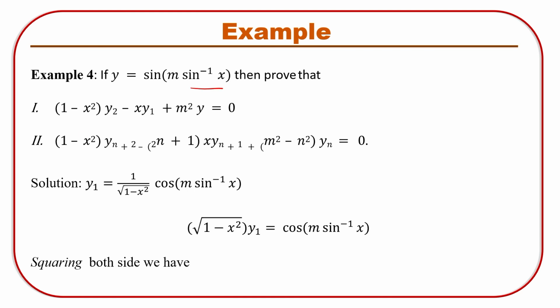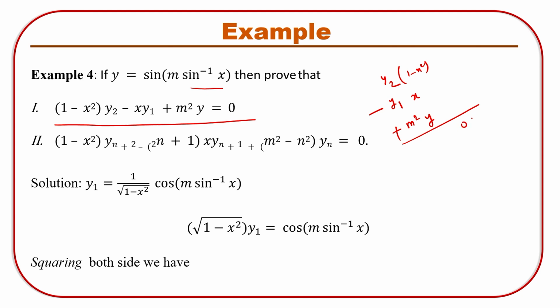Then prove that (1 minus x square) y2 minus x y1 plus m square y equals 0. There are two problems here. Firstly, there is an expression containing x and the higher derivatives of y, right? One way is to find y2 first, then y1, then multiply by 1 minus x square, then x, and then m square into y, and then take the subtraction and addition, and that will give you 0.